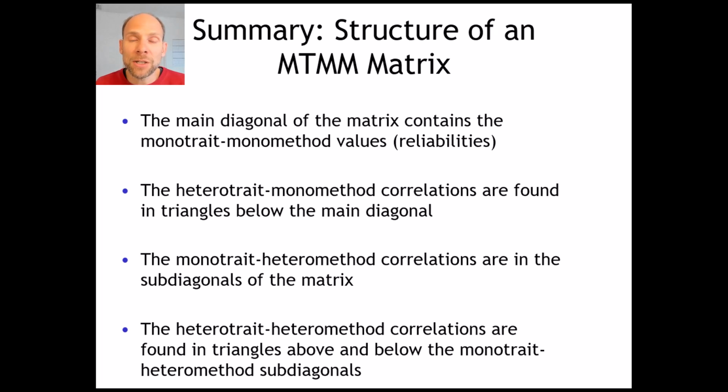Some of them may just be low. For example, the convergent validities may just be low because of measurement error, or the discriminant validities may look better than they should because they are underestimates, and so they are lower than they actually are in terms of the true score variables.